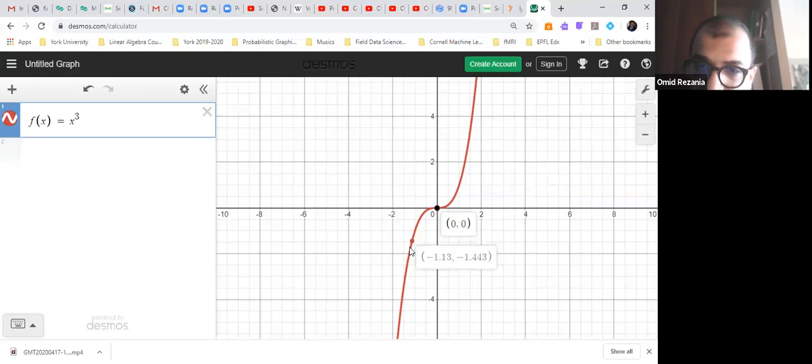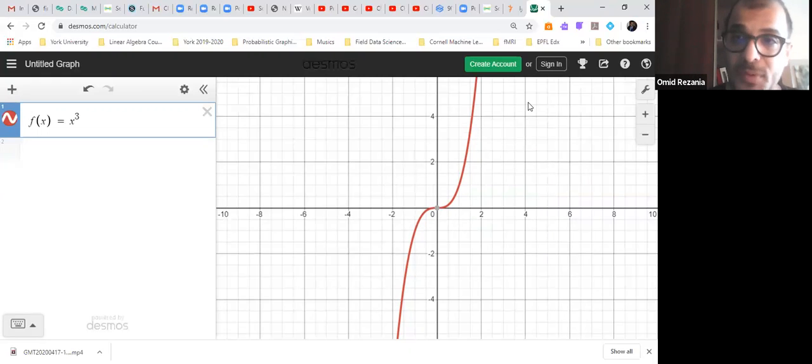Whenever you go down, you see that the points are symmetric. For example, if there is a point here, 2 and 2, with respect to the origin, you should get to minus 2 and minus 2. You see that? That's what we call the origin, a point of symmetry of the function.